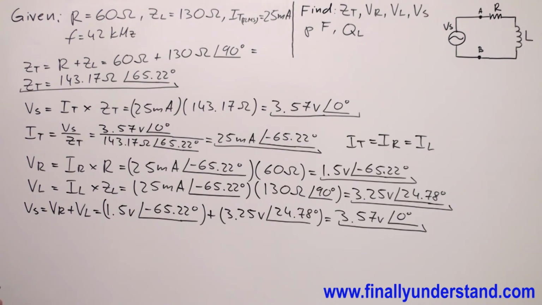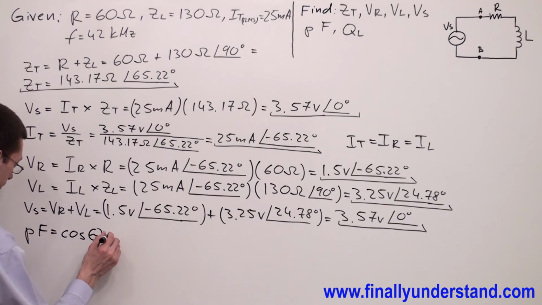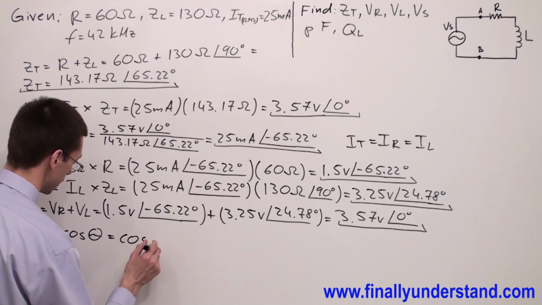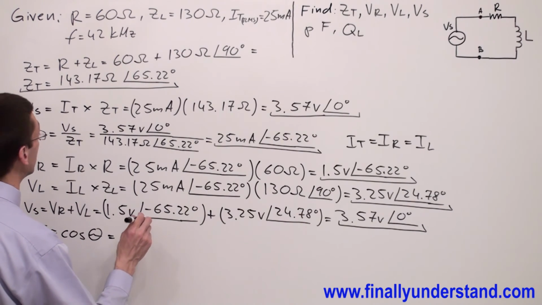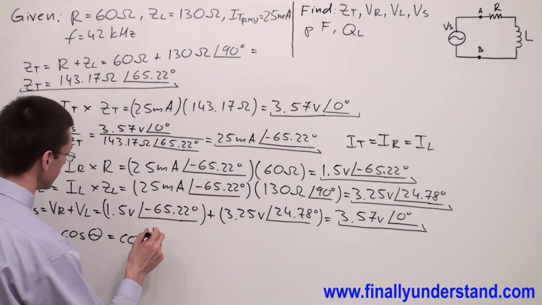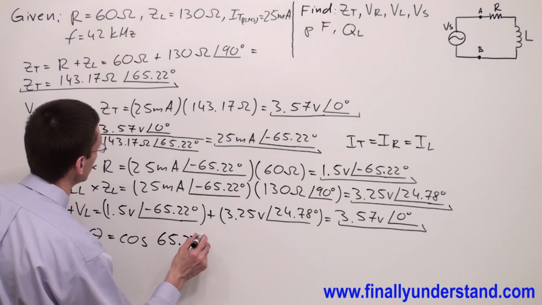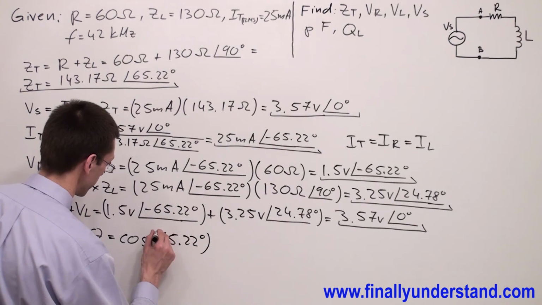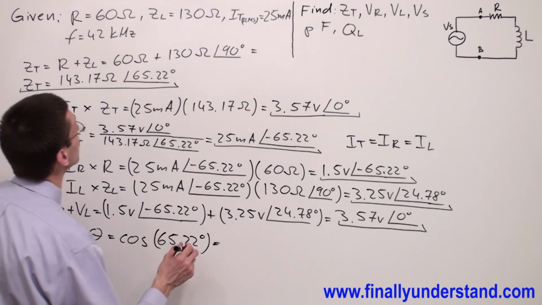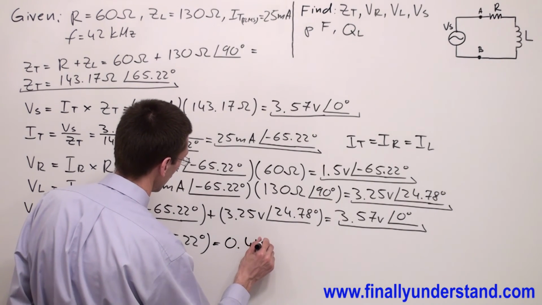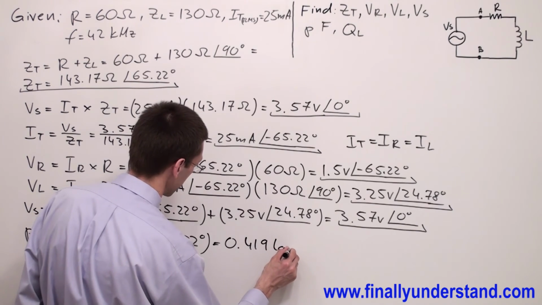Next, we're supposed to find the power factor. Power factor is equal to cosine of angle theta. So I have cosine of the angle, and my angle is 65.22 degrees, which is equal to 0.419 lag.